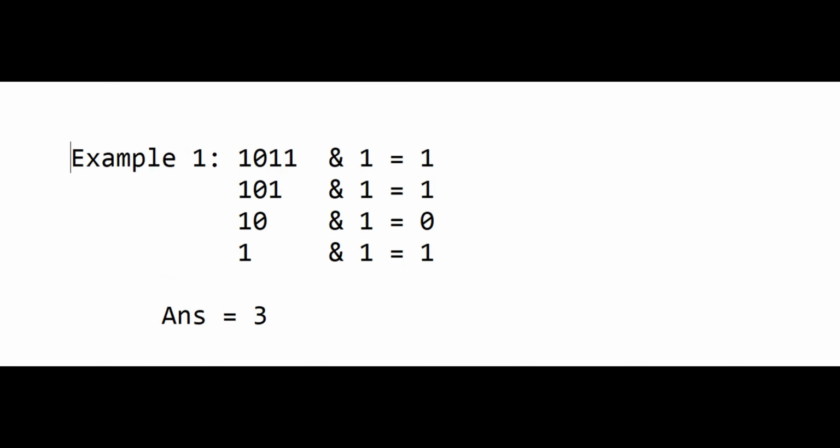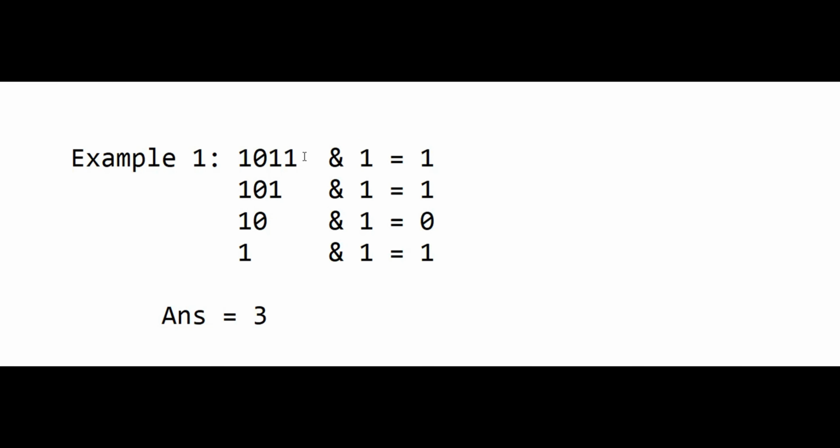At first, we are taking the first example, which is 1011. Though it has 32 bits, we are only considering the leftmost 4 bits. And we have to perform the AND operation with 1, and the bitwise AND operation will result in 1, because the AND operation between this 1 and this 1 will result in 1.